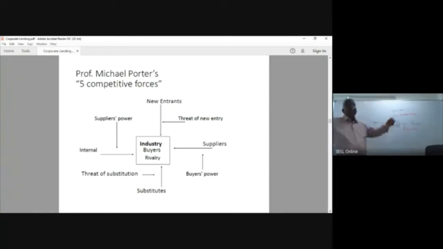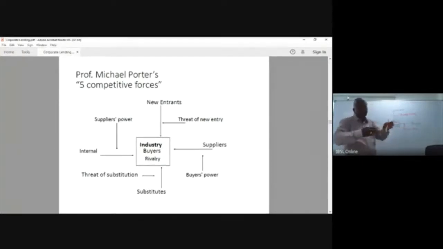If the buyers are many, they can sell their product to anyone. If the buyers are few, they have to sell their products to a limited number of buyers. Then there will be more competition. Even the selling has more competition, even the buying has more competition. The competition will be more.